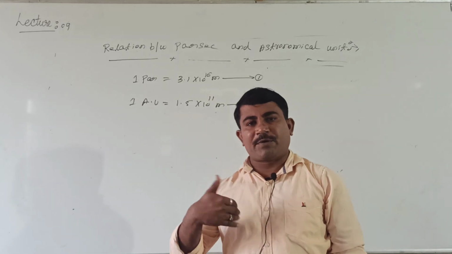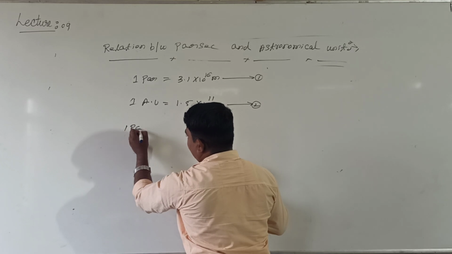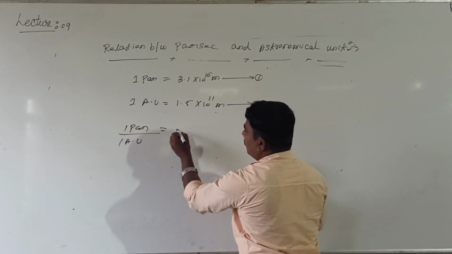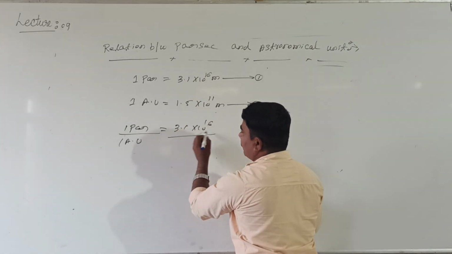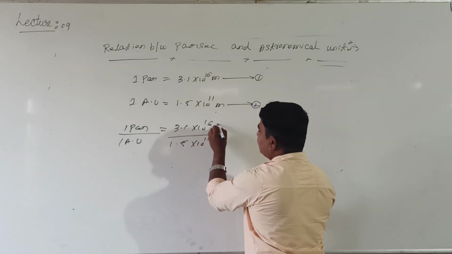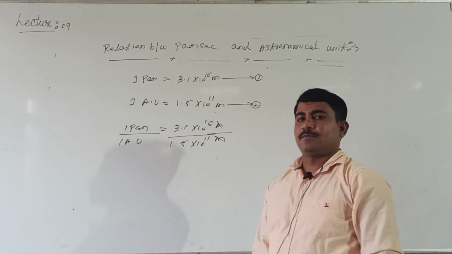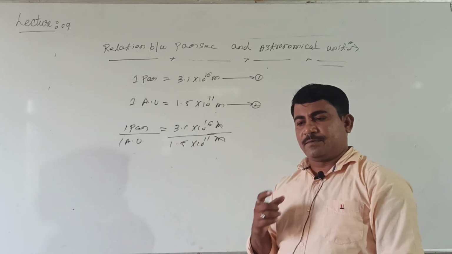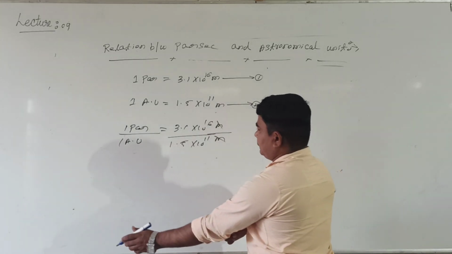Again very simple, divide equation 1 by 2, what will you get? 1 parsec divided by 1 astronomical unit equals 3.1 into 10 raised to 16 divided by 1.5 into 10 raised to L1 meter. Meter gets cancelled. 3.1 divided by 1.5 is equal to 2.06.